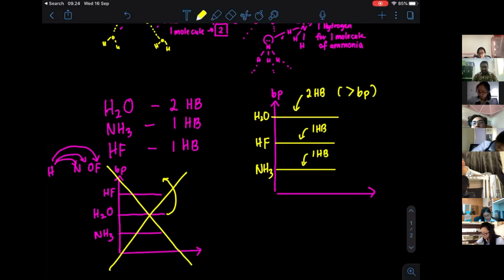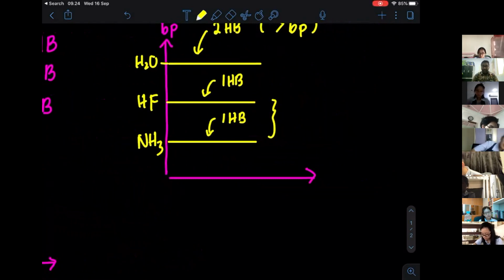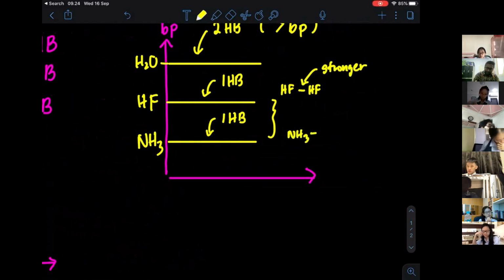But for the others, if you want to compare HF and ammonia, why HF has a much higher boiling point, you can mention that the hydrogen bond between HF and another HF will be stronger compared to the bonding between ammonia and ammonia. Why? Fluorine is much more electronegative than nitrogen.